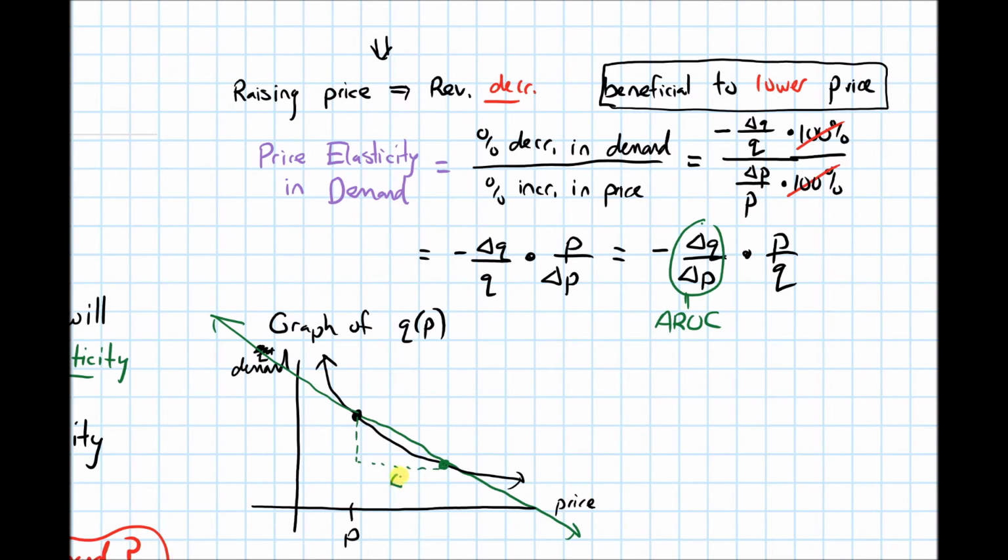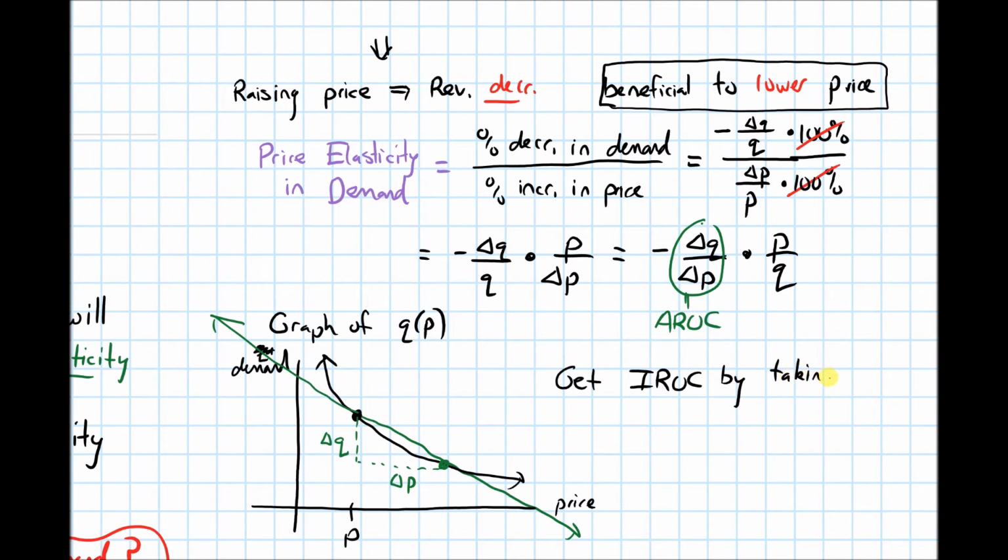Okay, so what I'd like to do is take this average rate of change and make it become an instantaneous rate of change, and we do that by taking a limit. We'd be taking the limit as that change in P goes to 0.